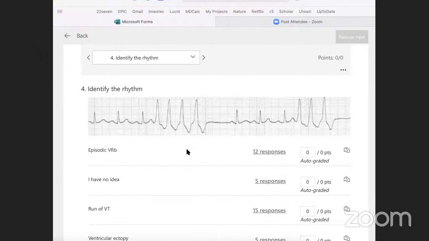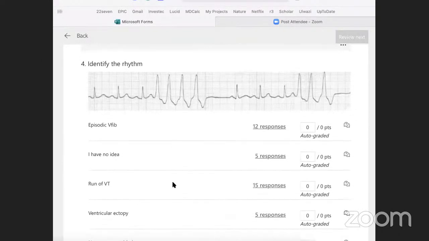Okay, here again, 5 people were very honest. Thank you for that. In identifying our rhythm, we can see normal sinus rhythm, normal P wave, QRS complex, T wave, and that's great. And then all of a sudden we have these regular, broad, bizarre complexes. They are similar, so they're coming from the same ectopic focus.